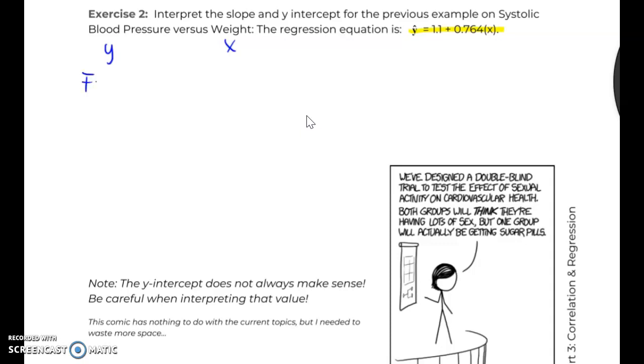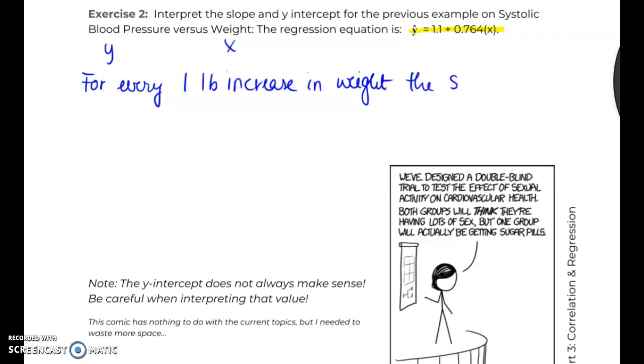So for every 1 unit, so 1 pound increase in weight, the systolic blood pressure is predicted to increase by, and then we look at our slope, which is 0.764.